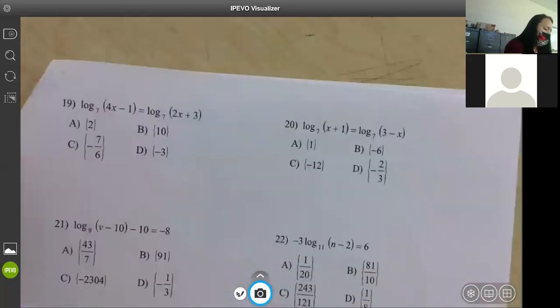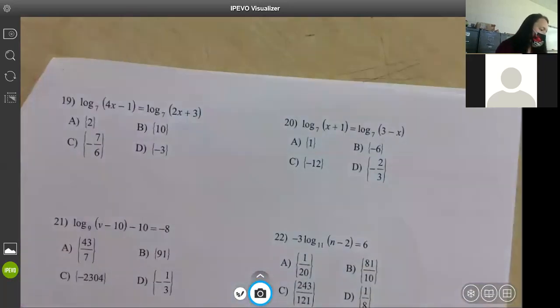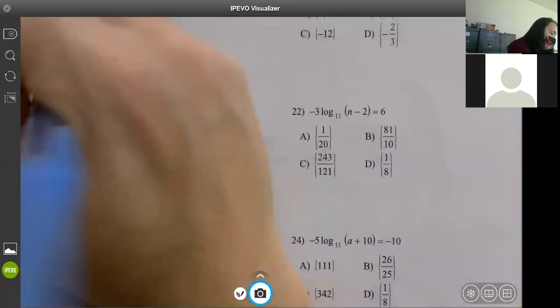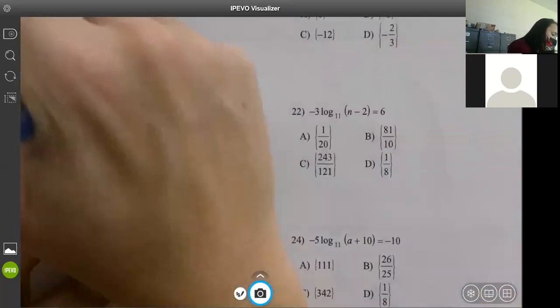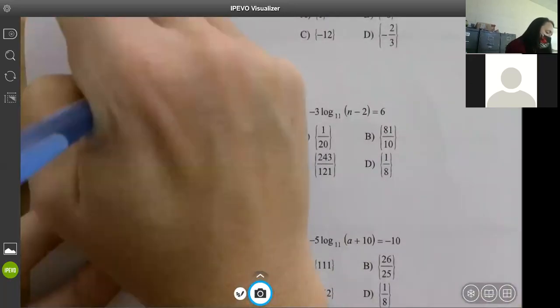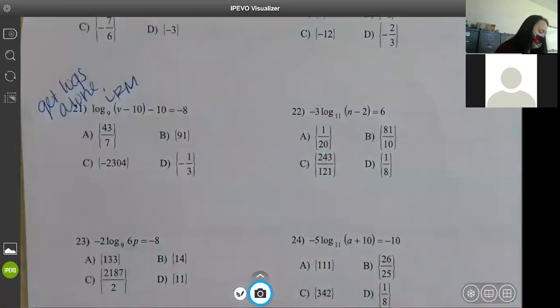Same thing on 19 and 20. When you get to 21, get your logs alone and then left, right, middle. Okay, get your log by itself, then left, right, middle.